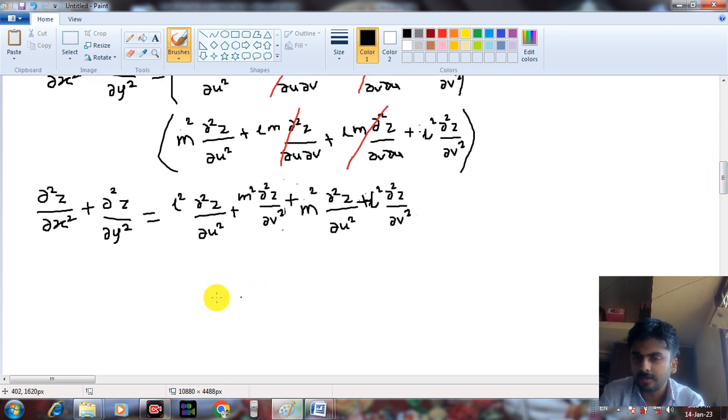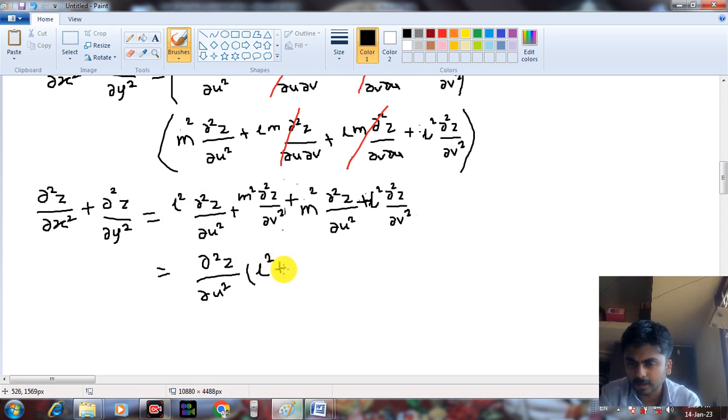we can take dou square z divided by dou u square as common, and we can write L square plus m square.